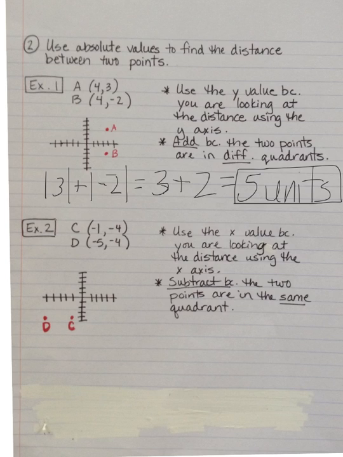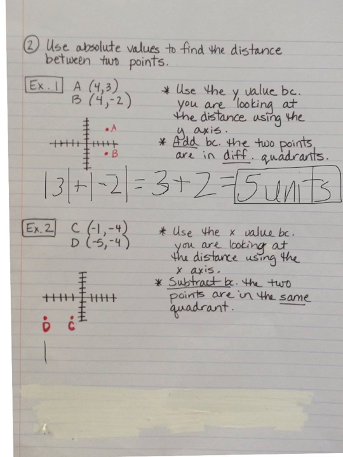They're also horizontal. I'm looking for a horizontal distance, so I'm going to use the x values. I'm going to subtract, because when you have 2 points in the same quadrant, you have to subtract to get the distance, since you're not crossing over into another quadrant. Since I'm subtracting, I'll take the bigger one first.